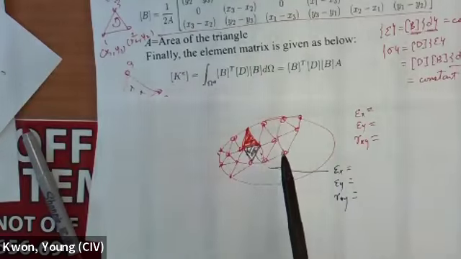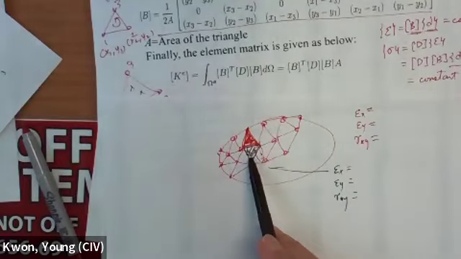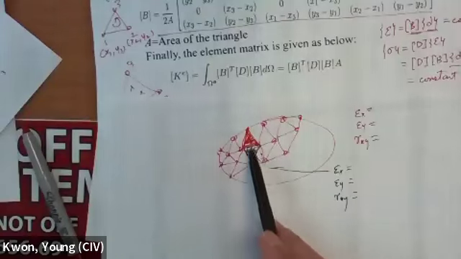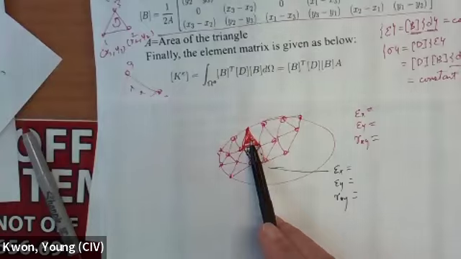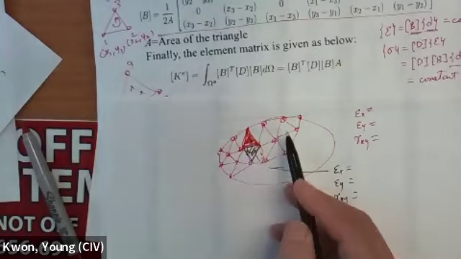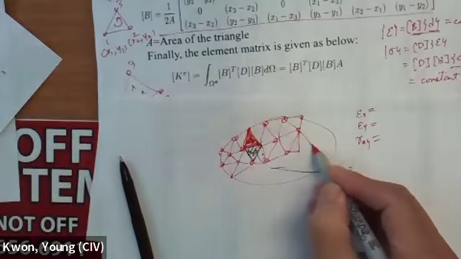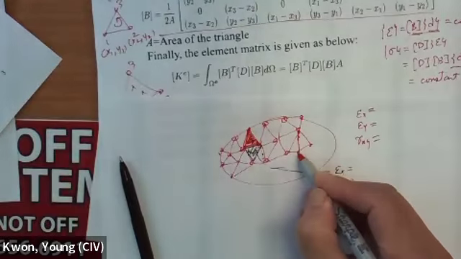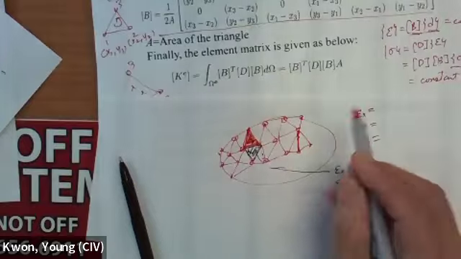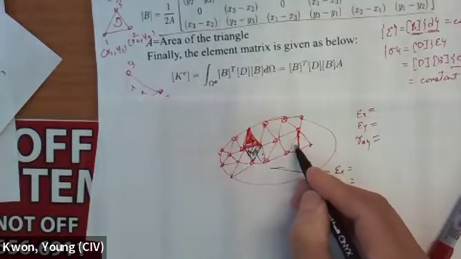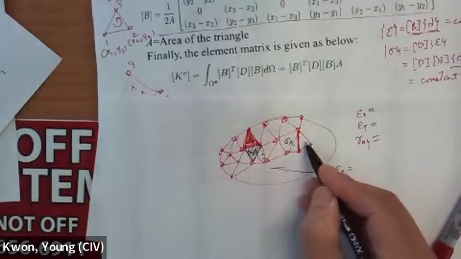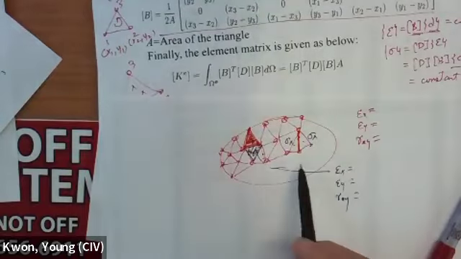So what I'm saying is, if you look at this element and that element, they are neighbors, right? To make it simple, say I have elements like this, and this is the y direction. Then sigma x here and sigma x here.